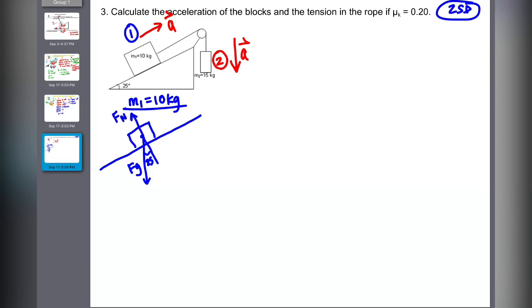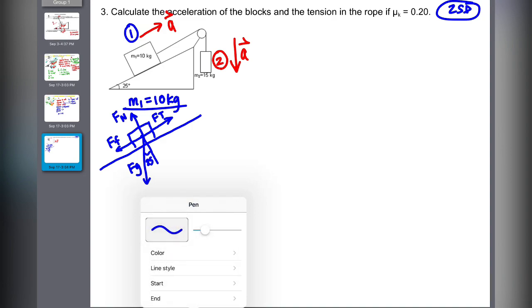This is FG going downwards. At the same time, you have FN. And it has a rope that is pulling it up. Whenever it has a rope, it has an FT. And if it's going upwards, force of friction will be going this way. If you have it going the other way, your force of friction should be on the other side. And I'm going to fill in my acceleration direction. Yes, I want red.